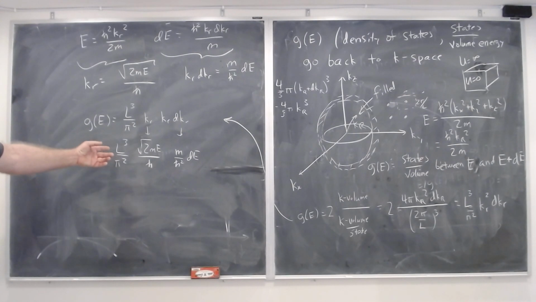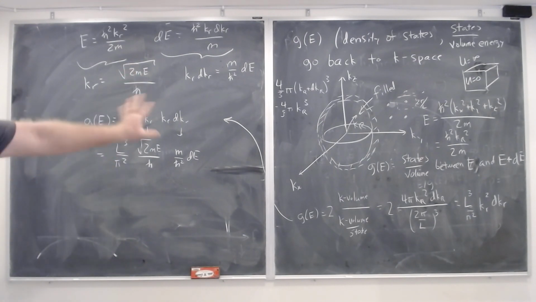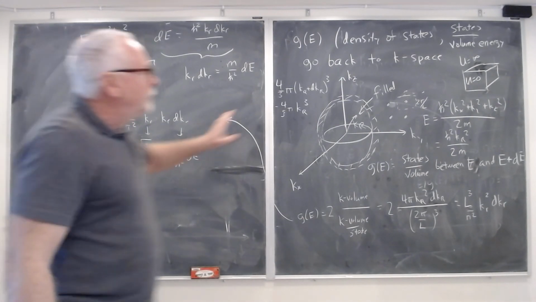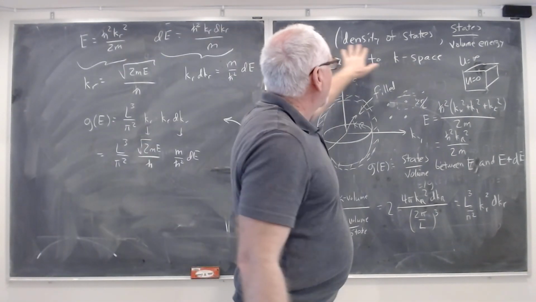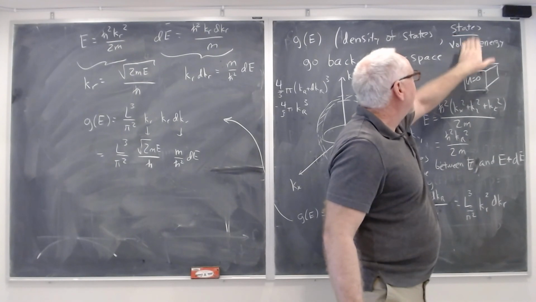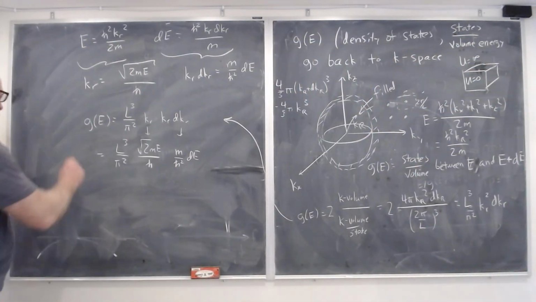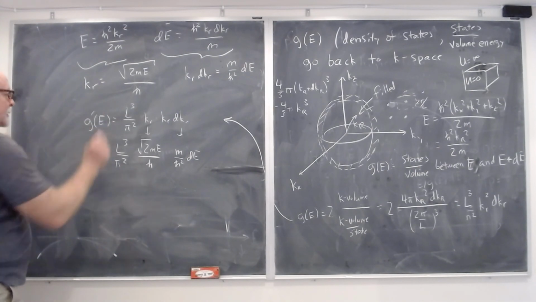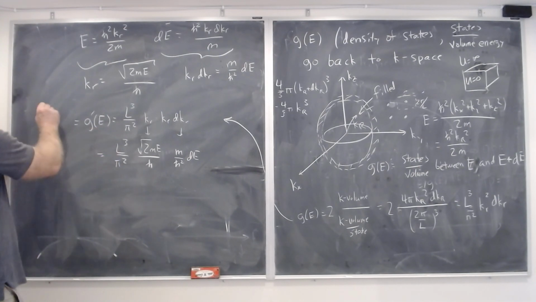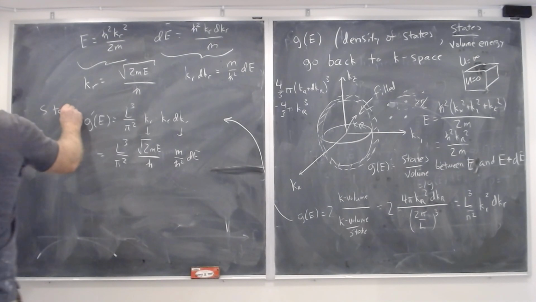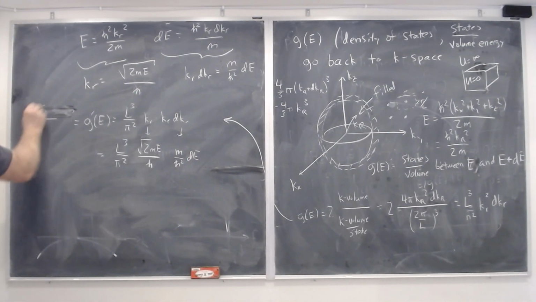Now, the L cubed may look a little problematic here, but I have done this in a fuzzy way because remember what I said, what we really wanted is the states per unit volume per unit energy. And so I should have been labeling this as G of E prime, the states per unit energy.